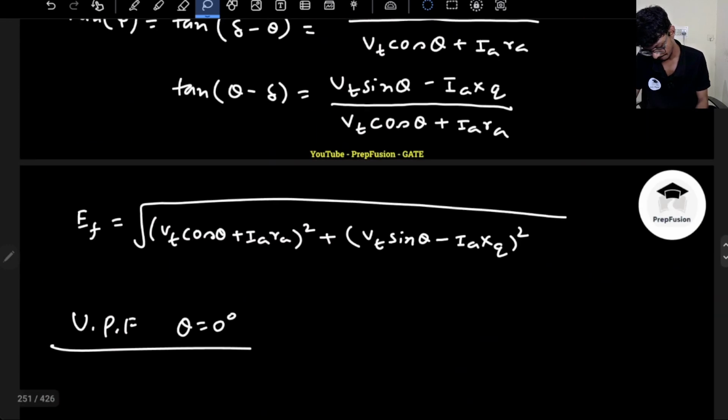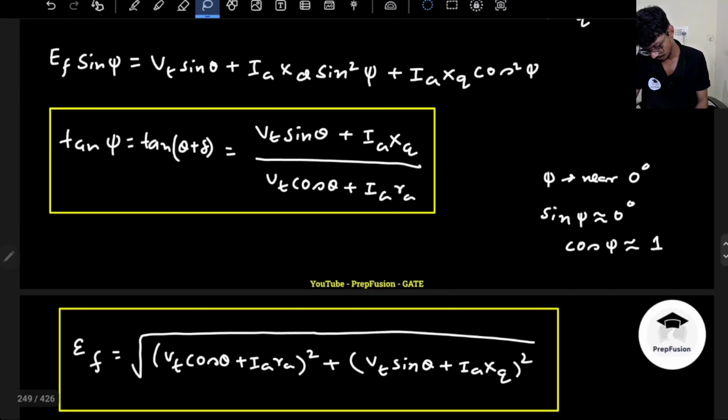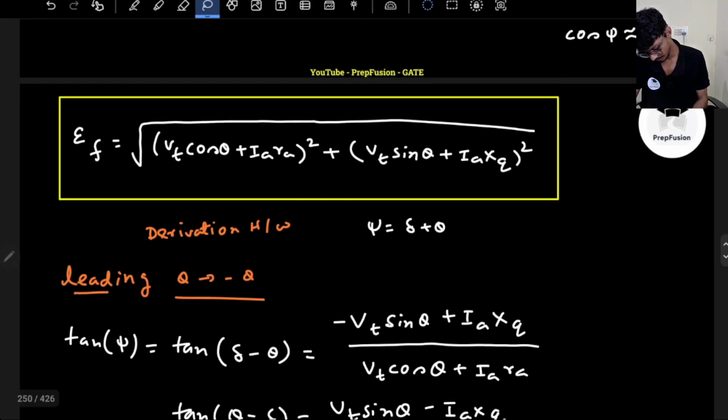Theta plus delta, and EF value will be this.